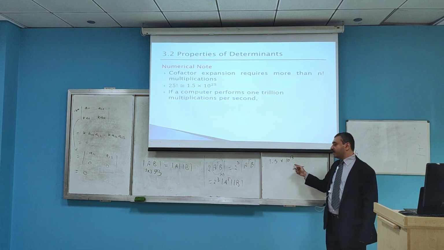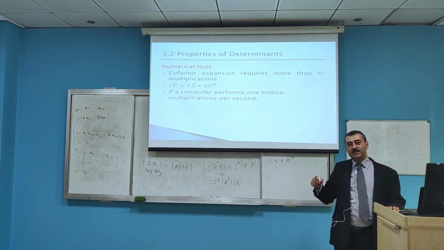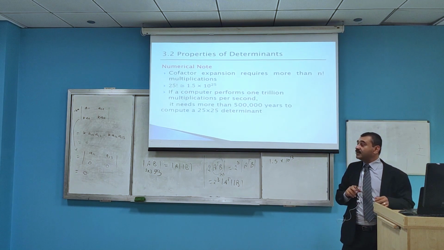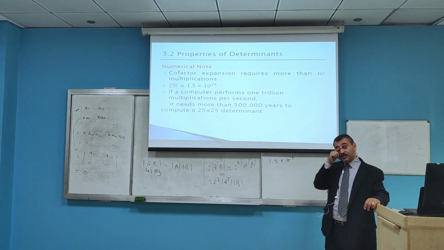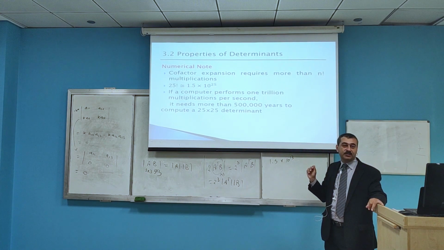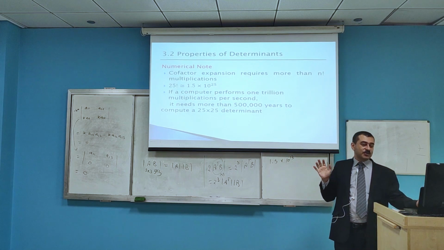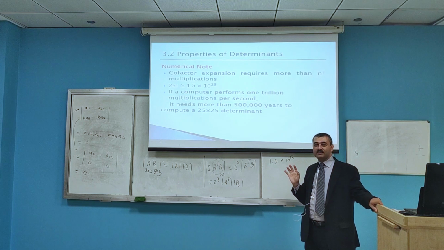And if you divide this by 60 seconds, by 60 minutes, by 24 hours, by 365 days, you will need actually about 500,000 years to find the value of the determinant using the cofactor expansion. So this is very inefficient, okay, for practical use. So we need to find a better way to find the determinant for large system.